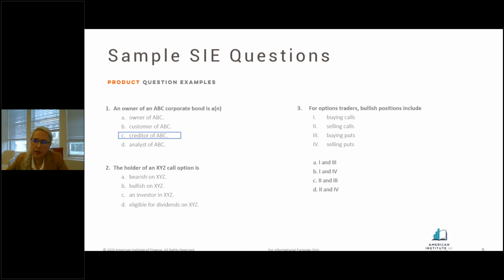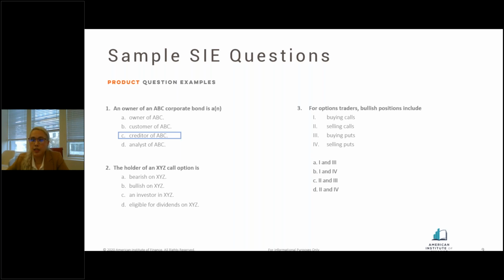So, creditor of ABC. Before we move on, I always like to emphasize that when you see this type of question, if you're not sure about the answer, it's good to start by eliminating the answers that you think are definitely not the right answer, and then you go down to perhaps a 50-50 with two answers left.